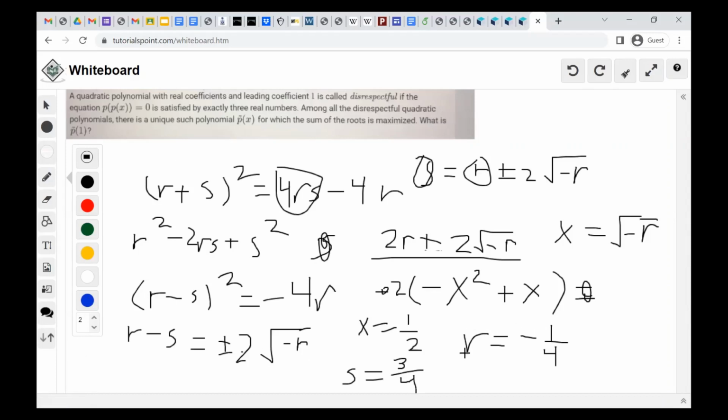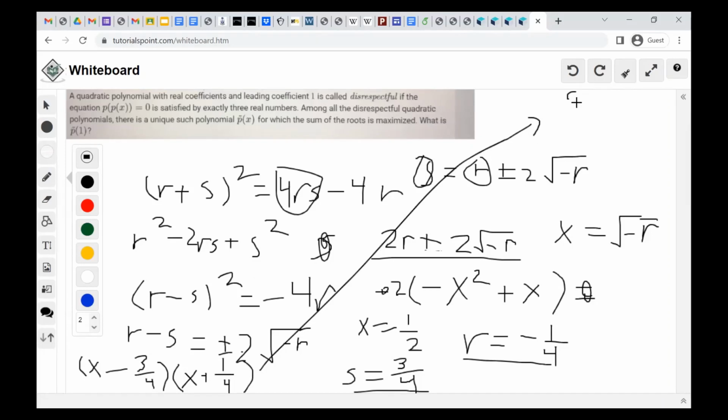But since the roots of p squiggle are negative 1/4 and 3/4, then p squiggle is just equal to (x minus 3/4) times (x plus 1/4). And then plugging in 1 into this, since we want to find p squiggle of 1, gives 5/16 as our answer. So are there any questions about that?